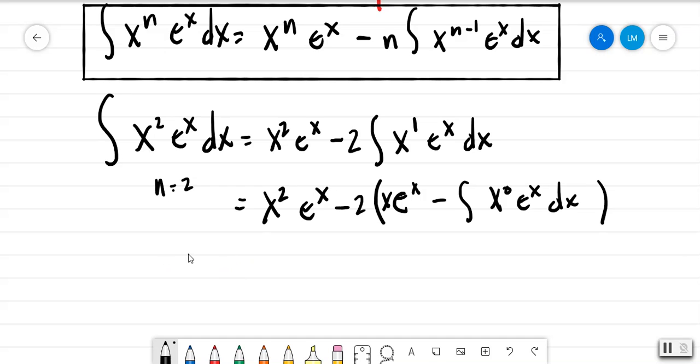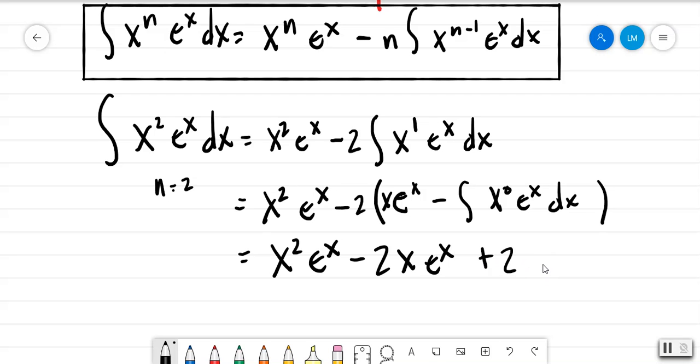Now if we simplify this, we end up getting x squared e to the x minus 2x e to the x plus 2 e to the x, and then plus c because of that last integral.